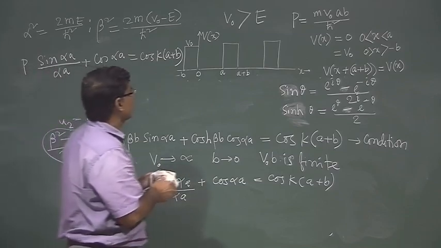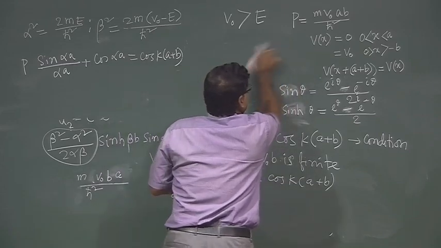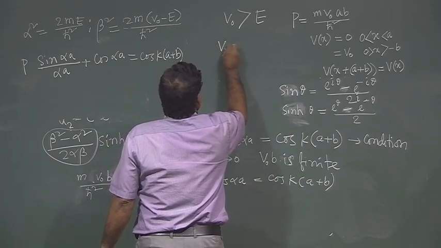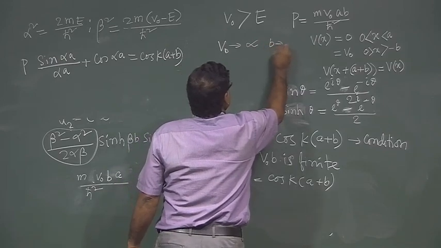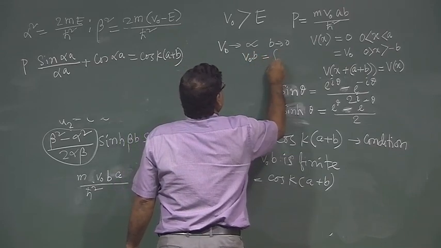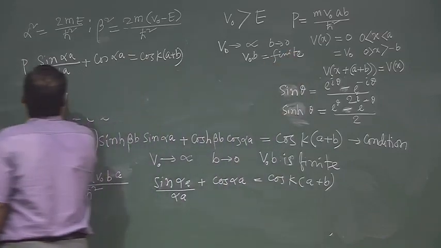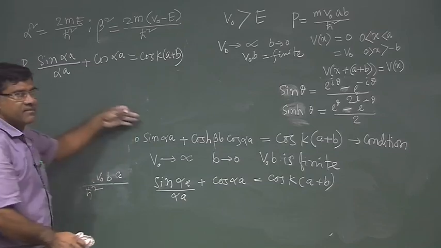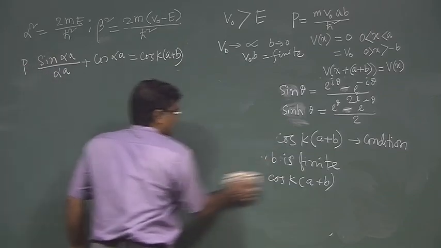The condition we have taken is v0 tends to infinity and b tends to 0, but v0 b is finite. Under this condition we got it. This simplification is made by Kronig-Penney.